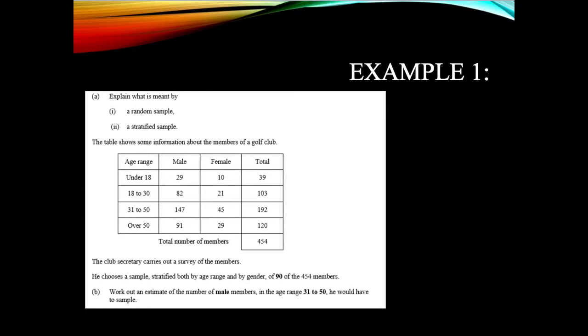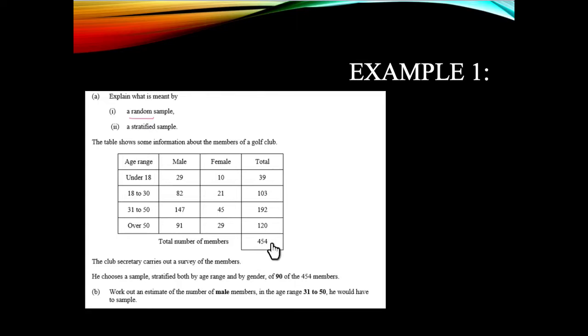So in this first question it says explain what is meant by a random sample and a stratified sample. So we'll start off and we'll look and see what a random sample is. Now, as daft as it might sound, a random sample is exactly that. It's a selection of people from the whole population.